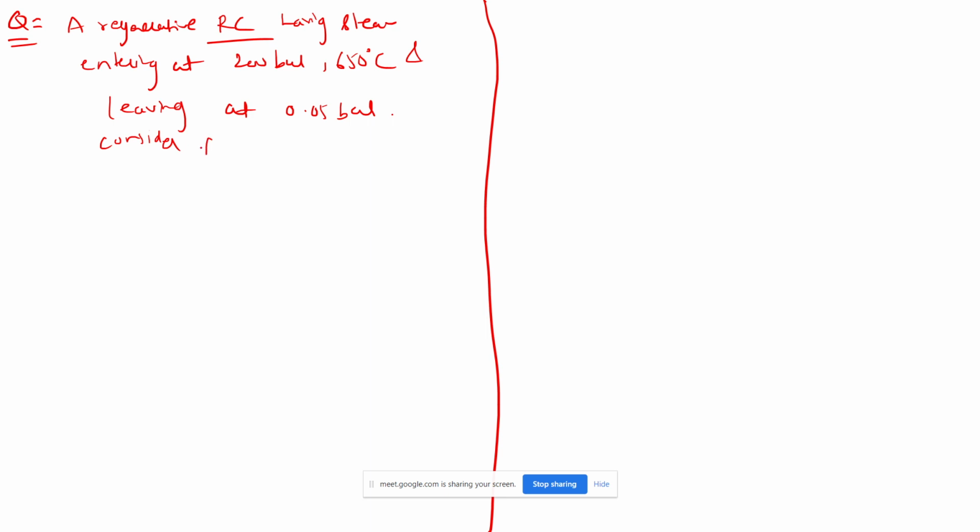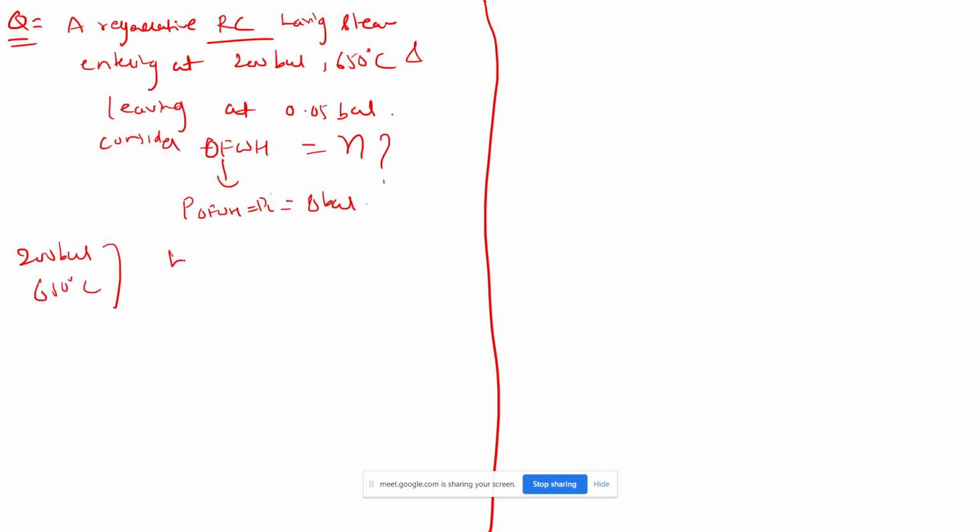Consider an open feed water heater here, and we have to determine the efficiency. The pressure of the open feed water heater, or intermediate pressure, is 8 bar. Okay, I am writing the values at the different pressures.